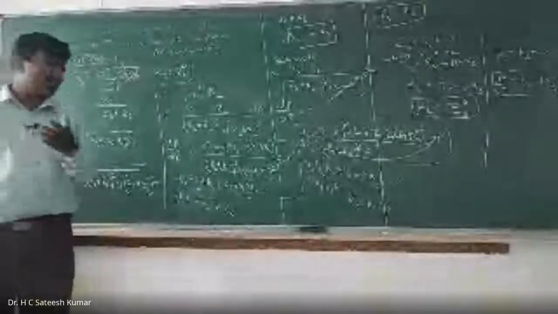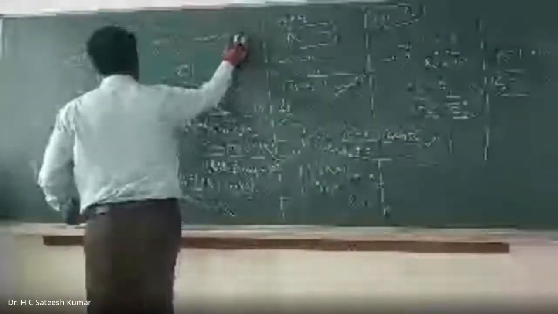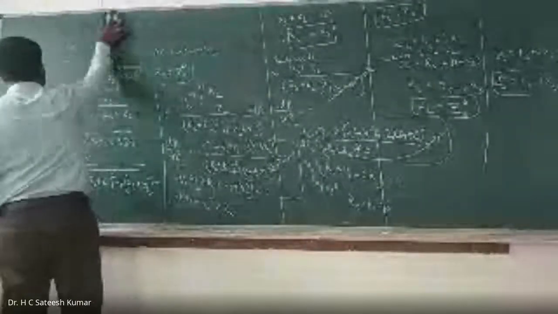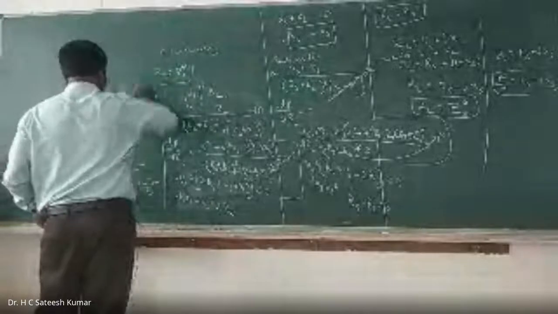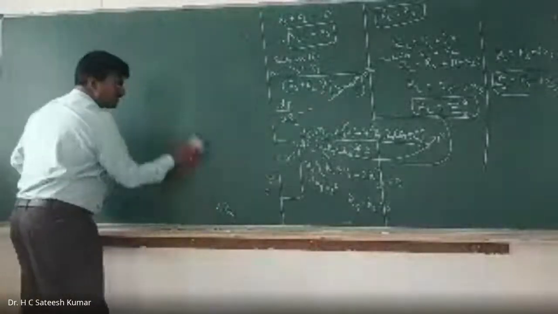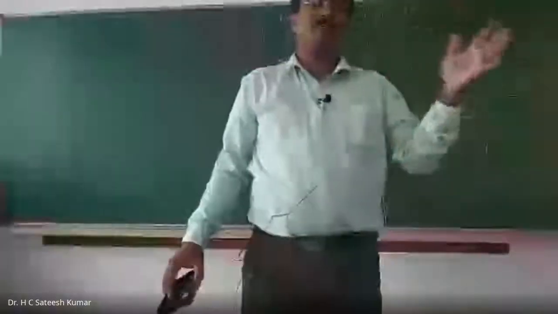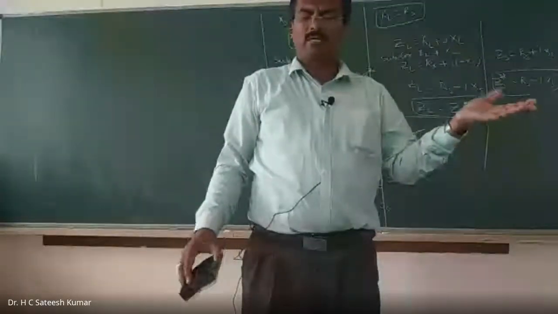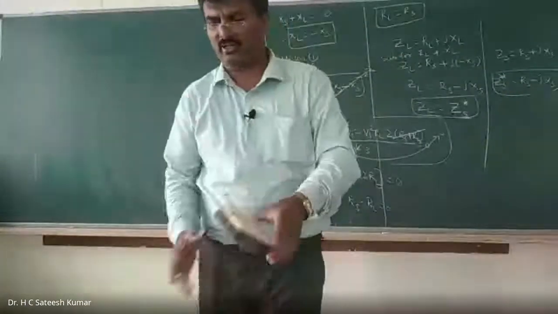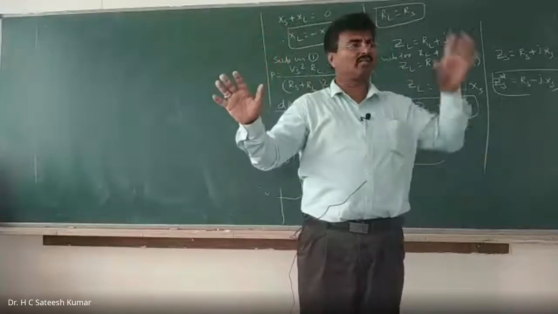In the examination, the types of questions on maximum power are all very simple. And this plays an important role in electronics and communication engineering. Many applications are there in electronics for the maximum power transfer theorem. For example, there is a speaker and an amplifier.